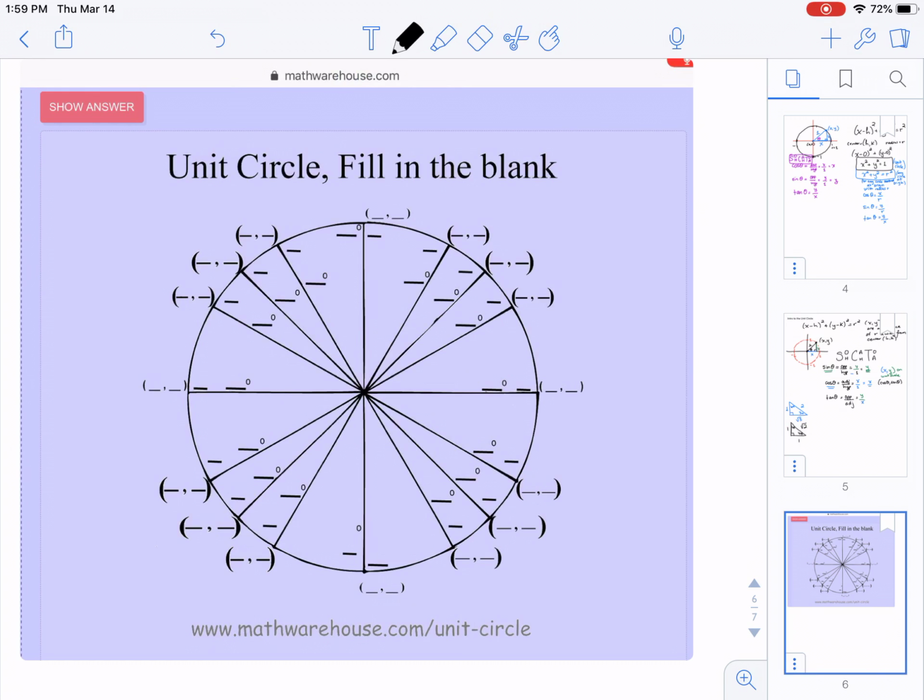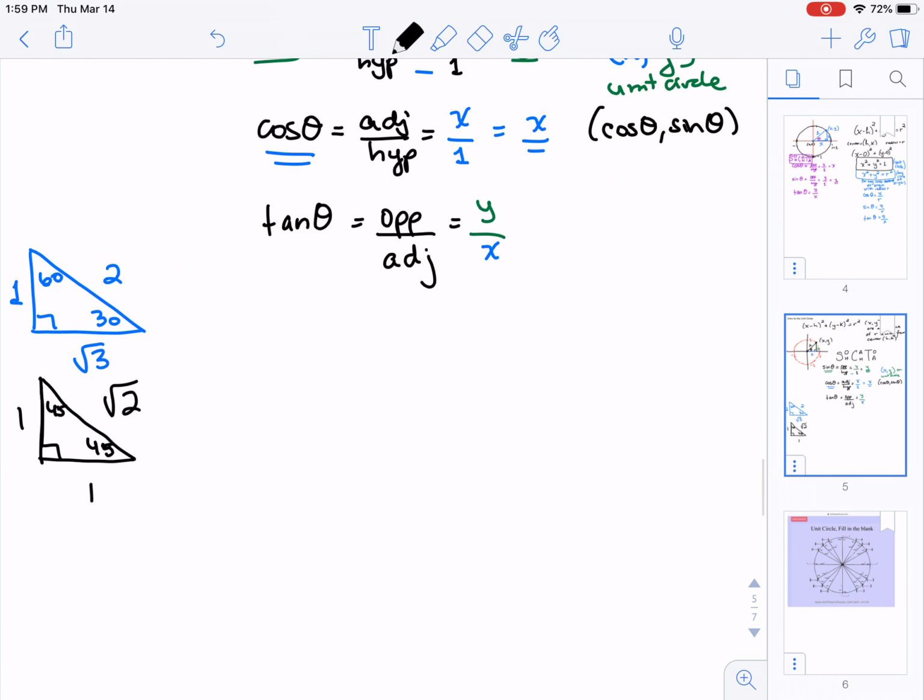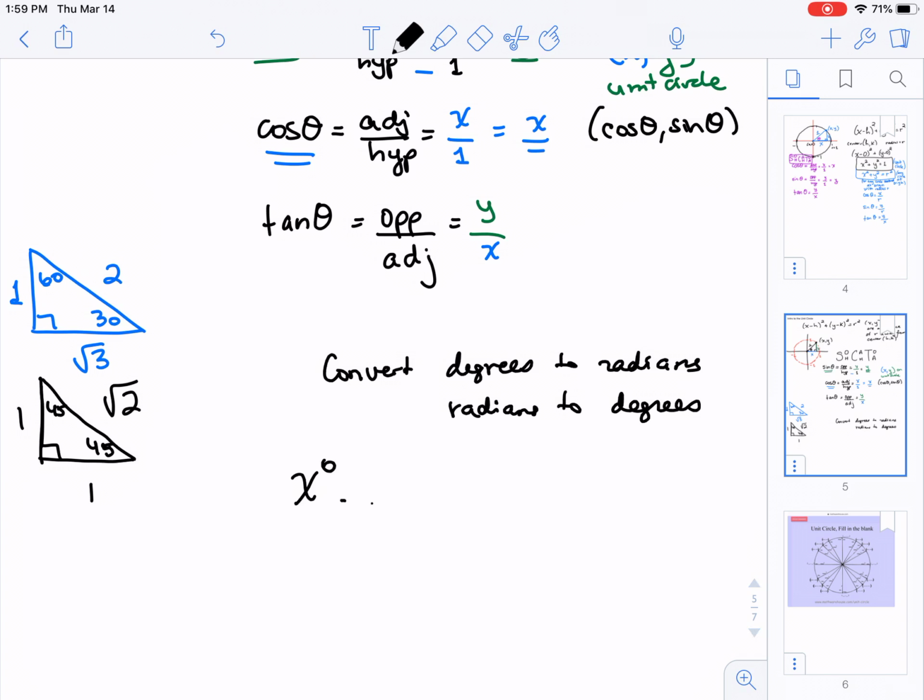It also assumes that you know how to convert degrees to radians and radians to degrees. Remember that if you're working with degrees, you will multiply by pi divided by 180, and if you're working with radians, you will multiply by 180 over pi in order to convert correctly.